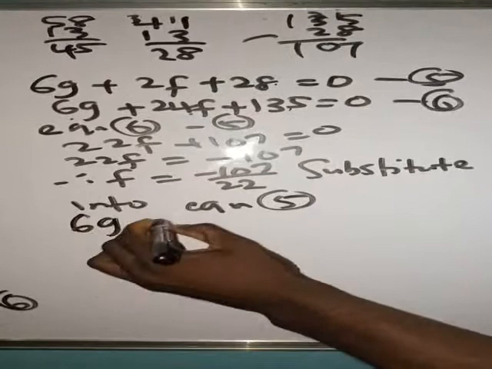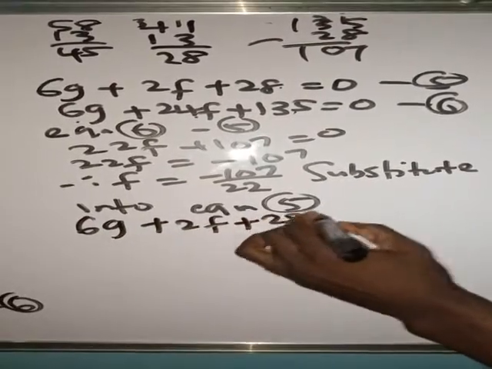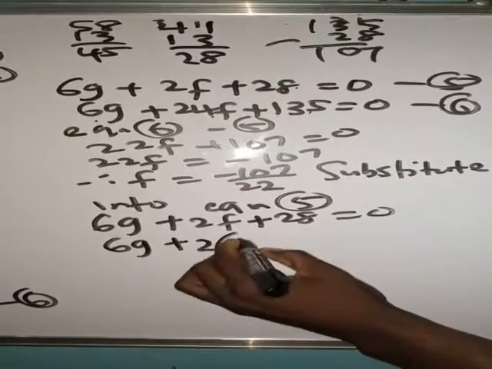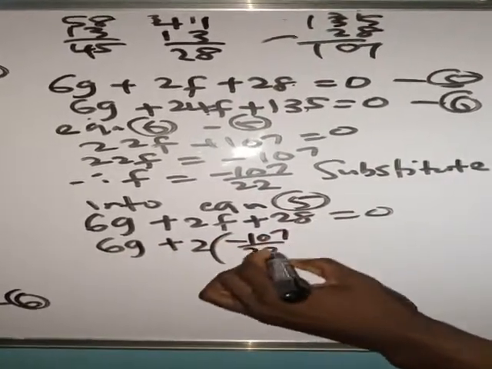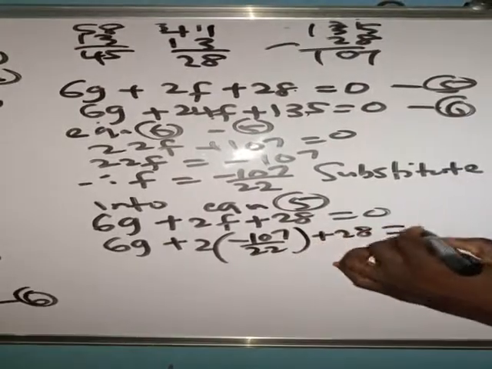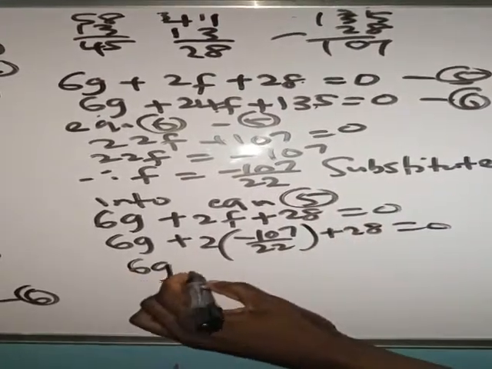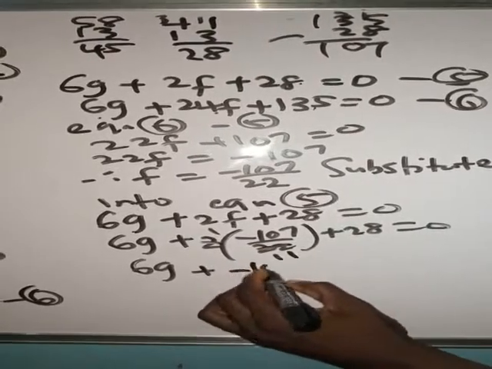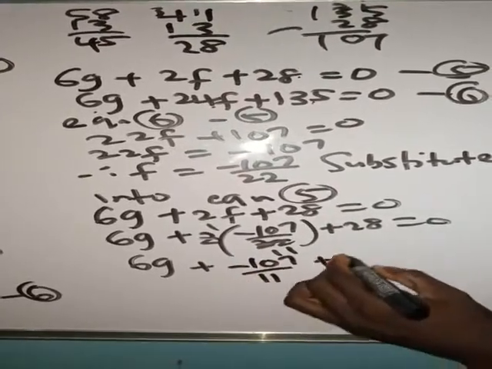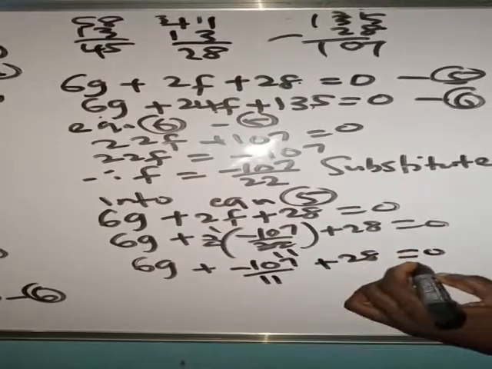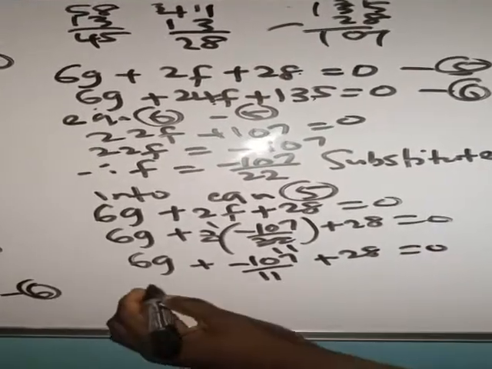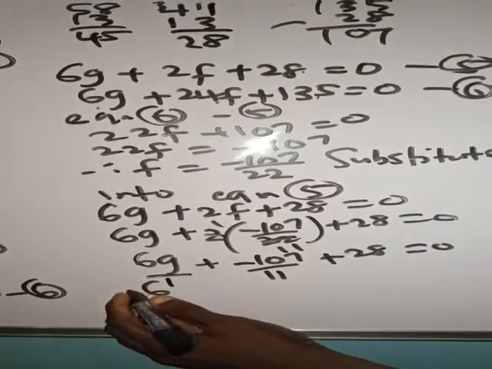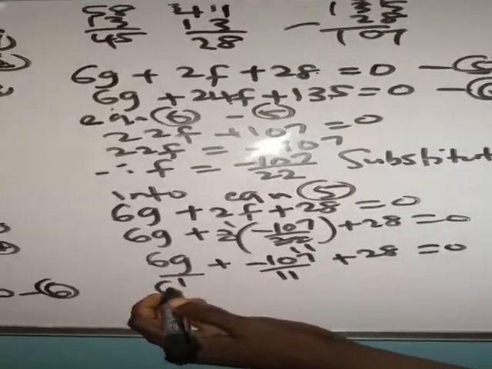So 6g plus 2f plus 28 is 0. 6g plus 2, f is minus 107 over 22, plus 28 is 0. 6g plus 2 here 1, 2 here 11, that's minus 107 over 11 plus 28 is equal to 0. So I can decide that 6g, let me find the LCM. There are many ways you can do it.